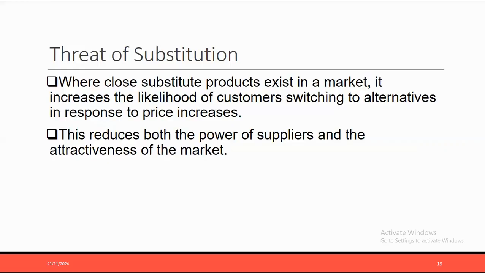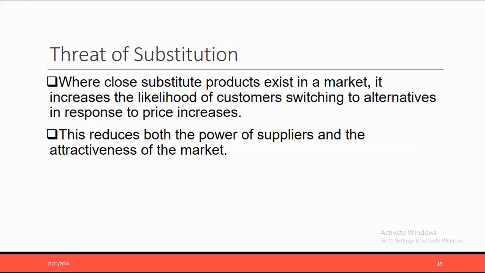For example, if I'm using a Bic pen and Bic increases the price, I'm likely to switch to another brand of pen. So this reduces both the power of suppliers and the attractiveness of the market, because if you are not there, there is a substitute.